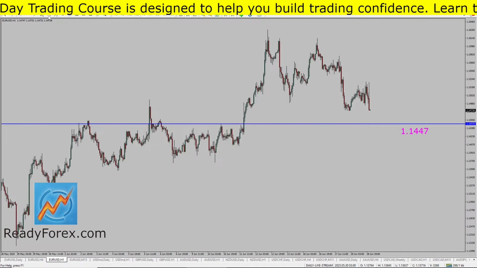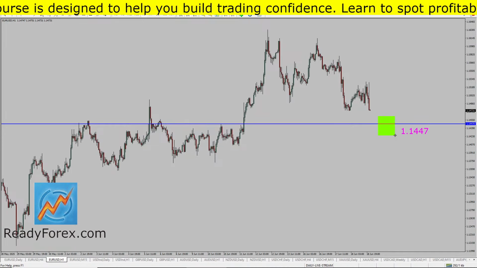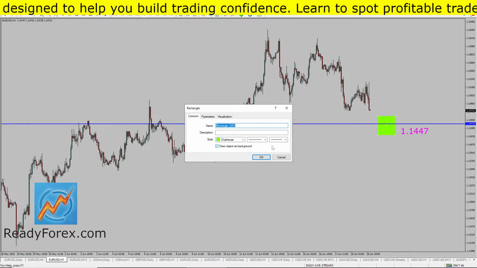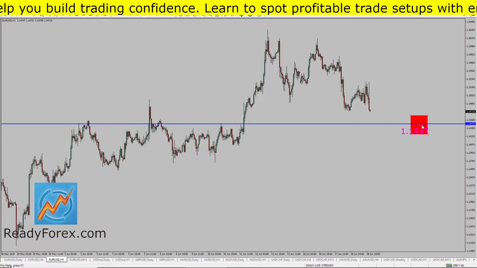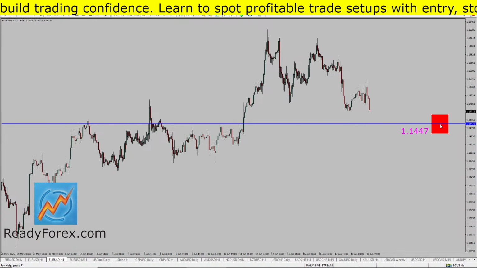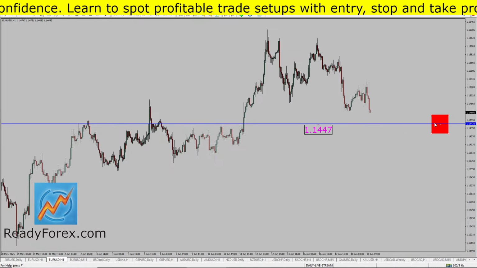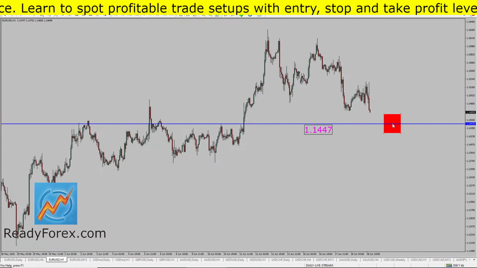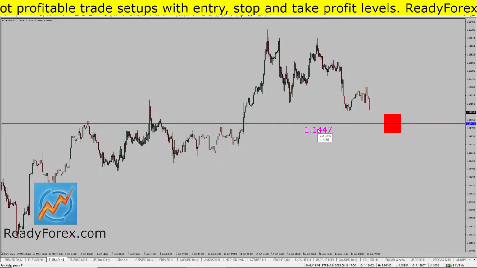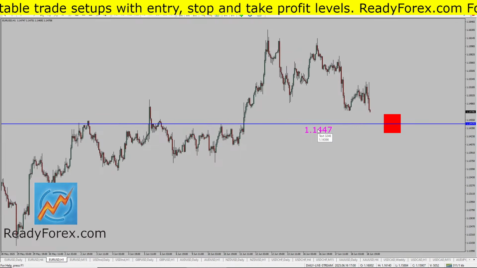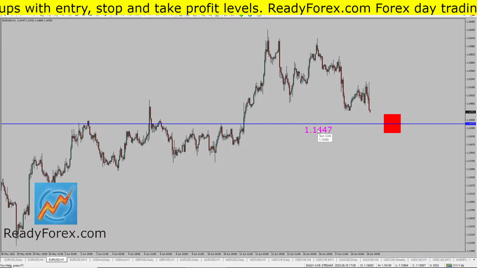So what we can do is wait for the price action to close a bearish candlestick below 1.1447 level. And if it happens, I mean, the condition is if market manages to break below this level, then the chances are euro dollar is going to drop more.